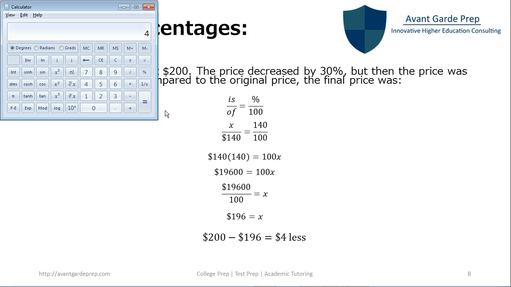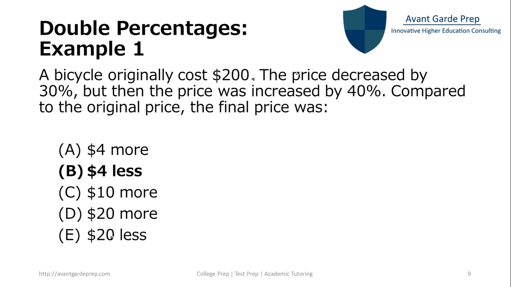So now this new price, after the two percentage changes, is $4 less than the original price. So we can look at the question, and answer choice B was $4 less, and that's the correct answer. The price went from $200 originally to $196 after the double percentage change.